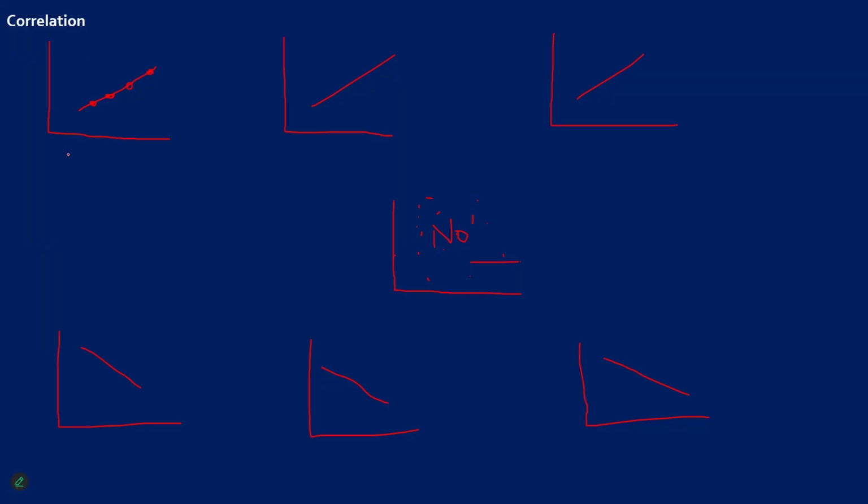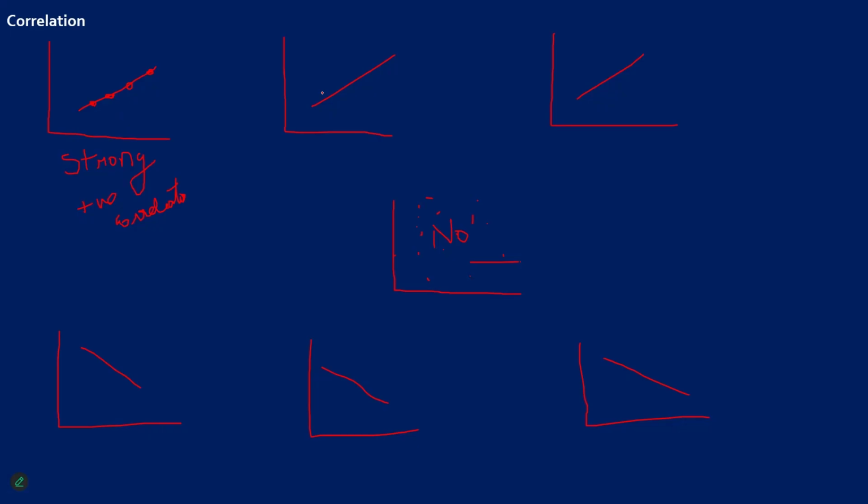We say this is strong correlation. Okay? Strong positive correlation. We have to use all these terms. Okay? When all the points lie on the same line, strong positive correlation.